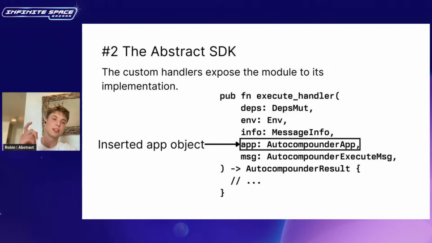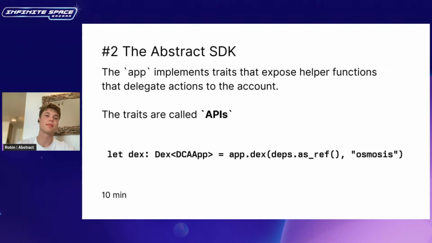So what we do is we insert this app object into the function, and the app object allows you to do some magical things. And these magical things are what we call our APIs, or Abstract APIs, and they are implemented in our SDK, or they can be implemented externally as well.